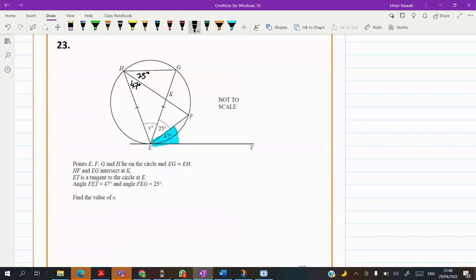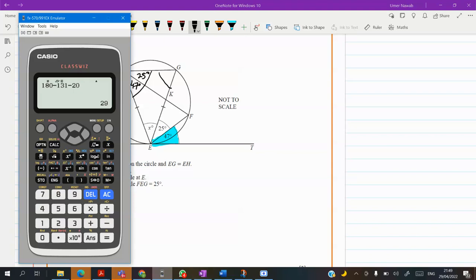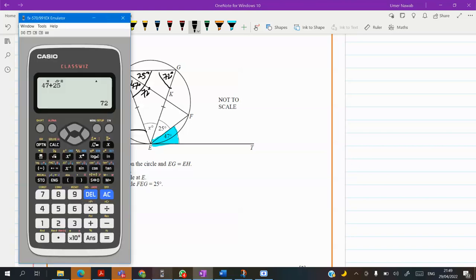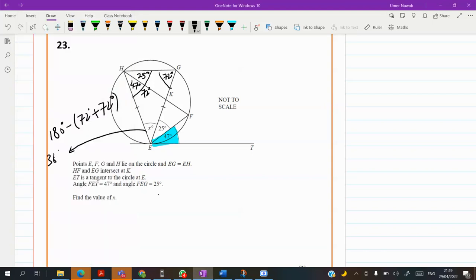Now, since it is isosceles, so both angles are same, can I add them up together? 47 plus 25, 72. So this is 72, my friends. This is also 72. So x will be equal to 180 minus 72 plus 72. And then I can get my answer. It's 36. So that is 36.